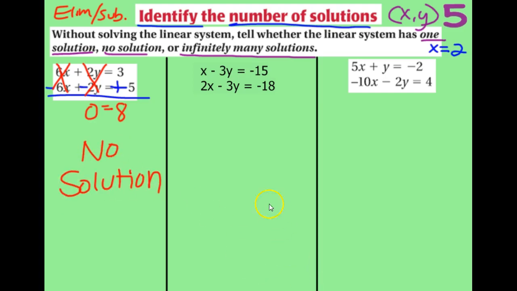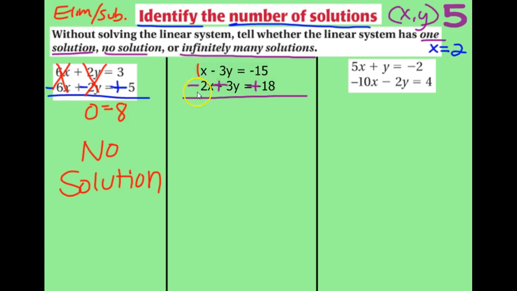Let's move on to the next one. This one's also set up to eliminate. Our X's are different numbers. Our Y's are the same, however, they're all negatives. So instead of adding, I'm going to subtract. This subtraction then becomes a positive, and this subtraction also becomes a positive. So I'm going to put a 1 here, because this is really 1x.